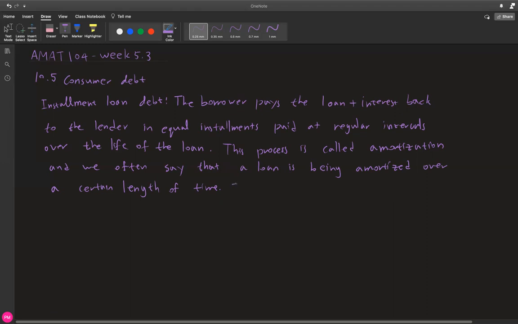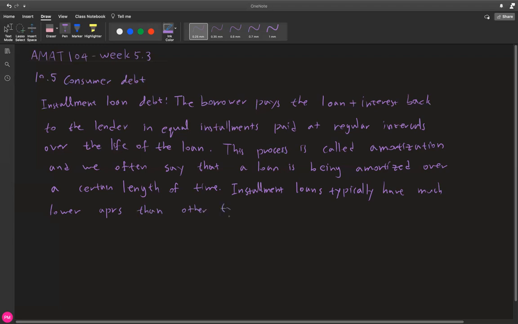Installment loans typically have much lower APRs than other types of loans.